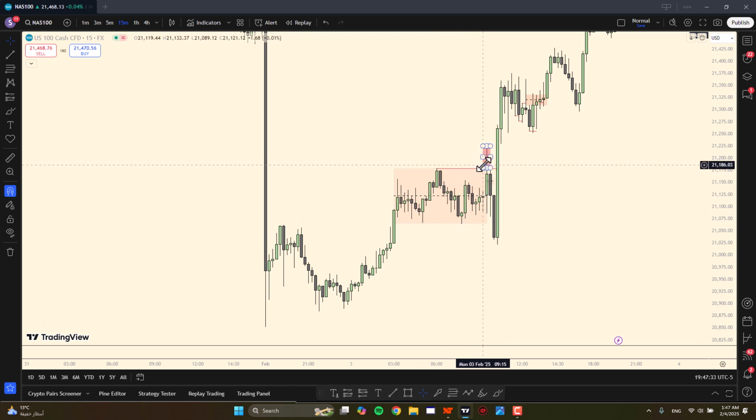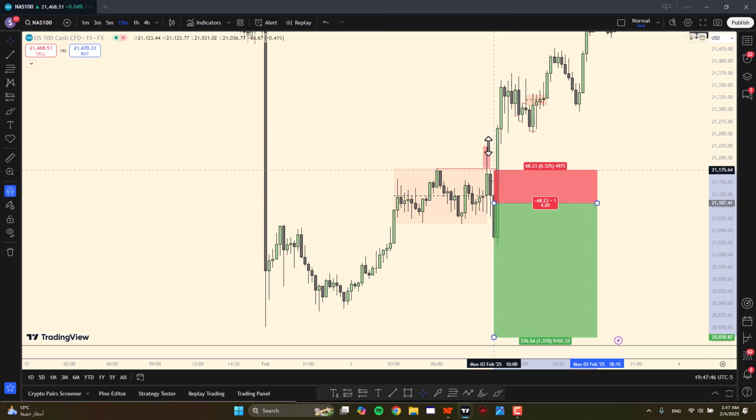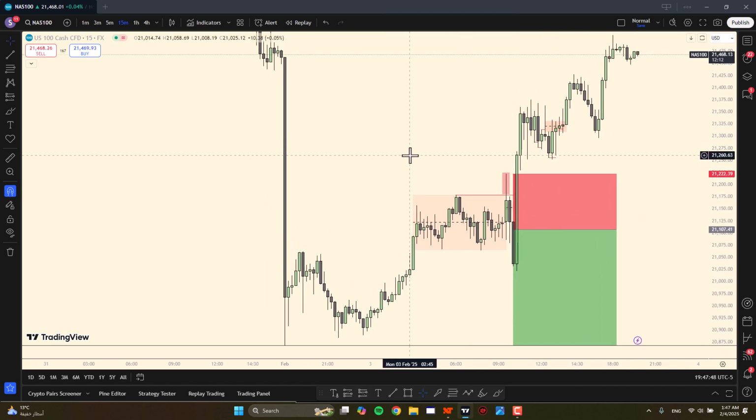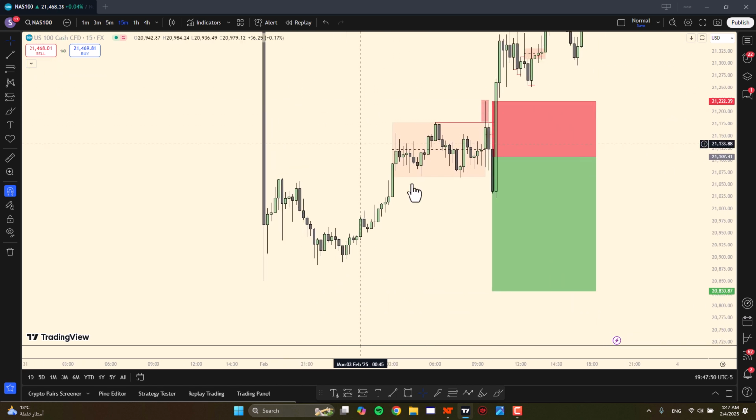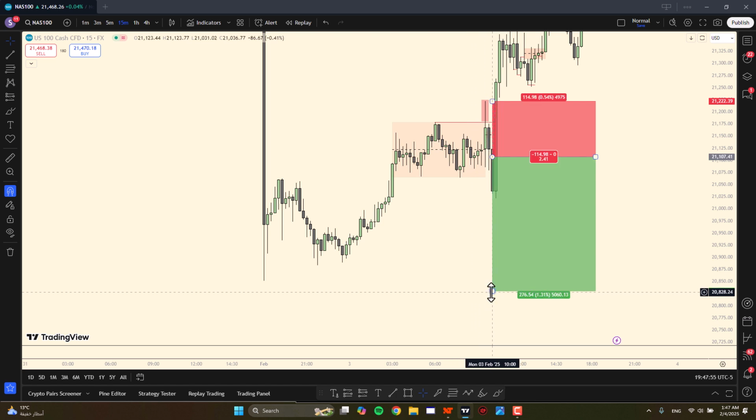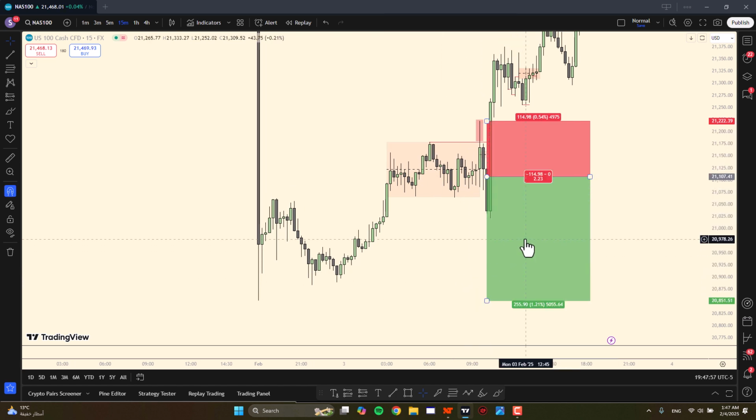So for the ICT people, they will see this as AMD, right? And they want to take price lower. And I know that there are a lot of ICT traders that took this setup from here. So basically they want to continue this downtrend and maybe to take the previous day low like this, right?